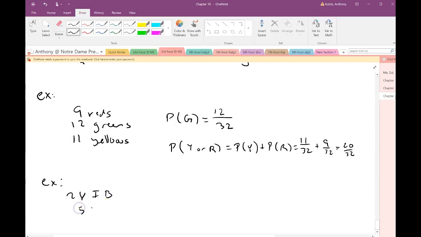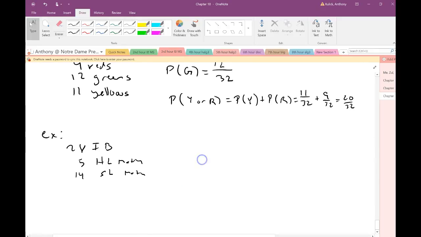We have 5 of them studying HL Math and 14 studying SL Math. If we randomly select one of them, what's the probability that we select an HL student?